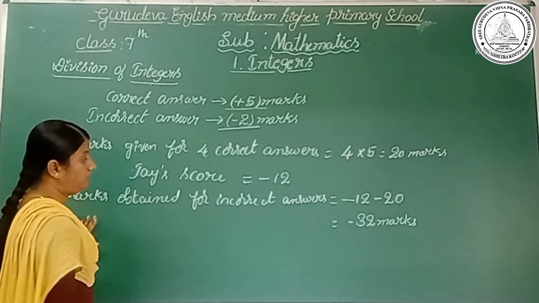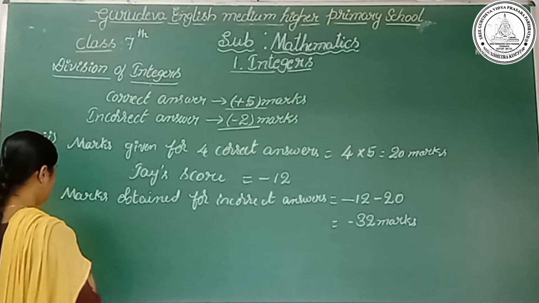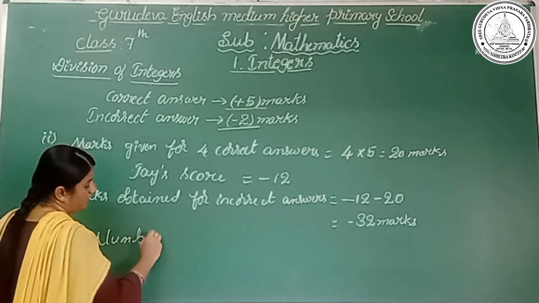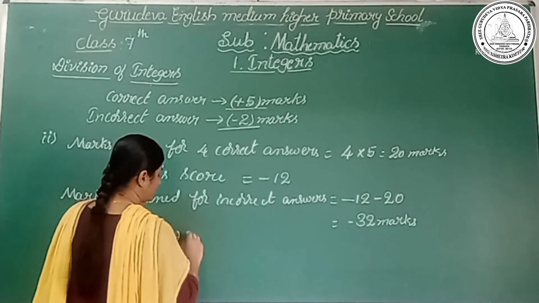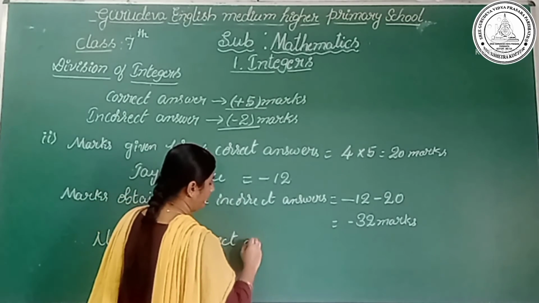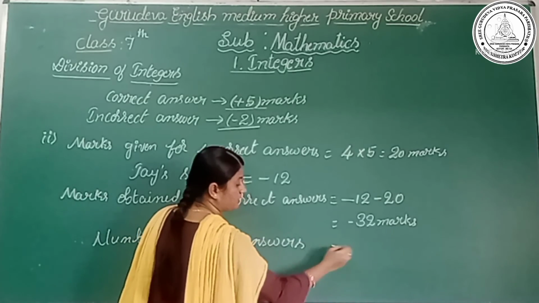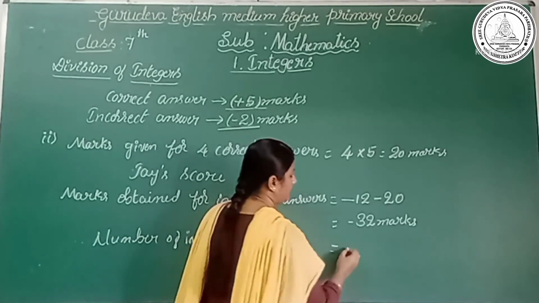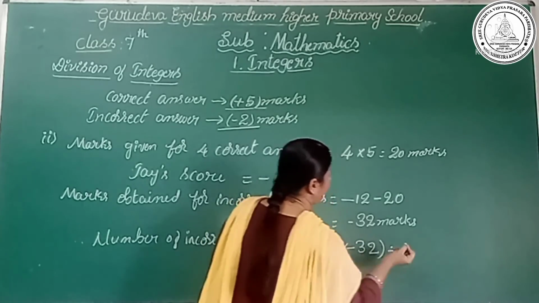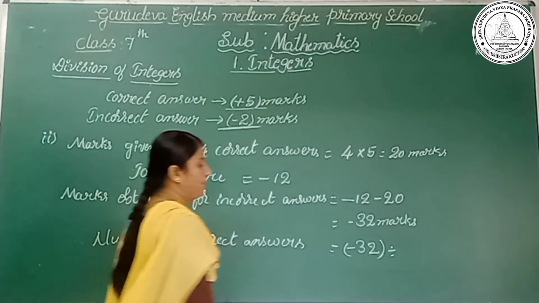Then the number of incorrect answers. Number of incorrect answers is equal to the marks obtained for the incorrect answers, minus 32, divided by the marks for every incorrect answer, minus 2.